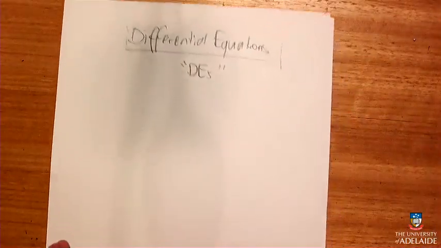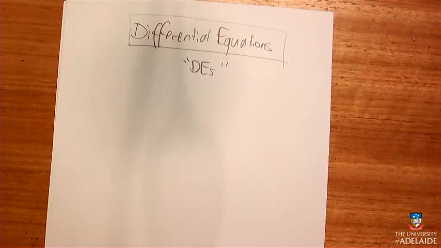So in most of the rest of algebra, the unknown is a number. You've got an equation involving x and or y, and you try and figure out what the x is that makes the equation work. That's what most of the rest of algebra is. We did it just before, which x makes this 0? But in differential equations, the unknown isn't a number, it's a function. And our goal is to figure out what the formula for that function is.